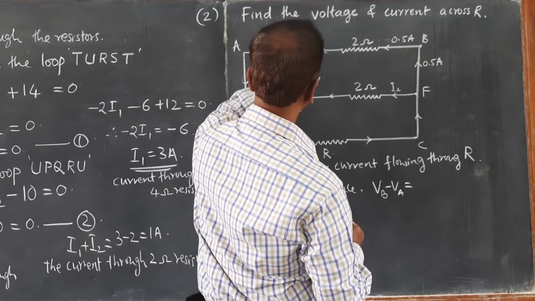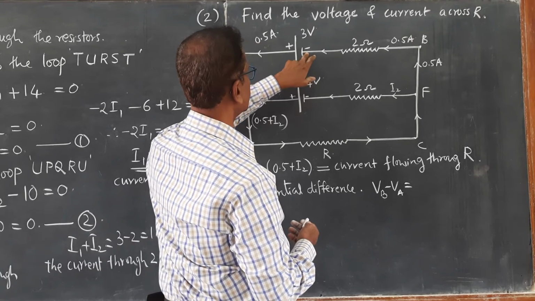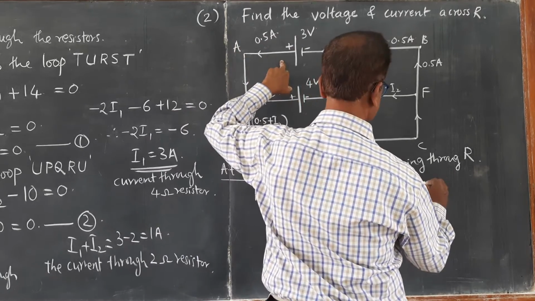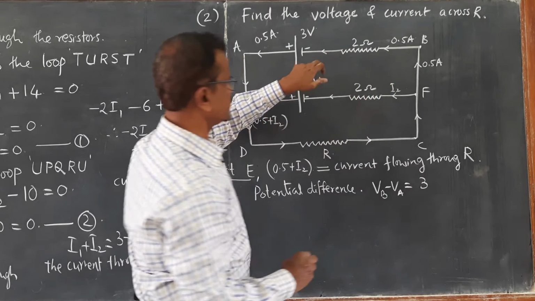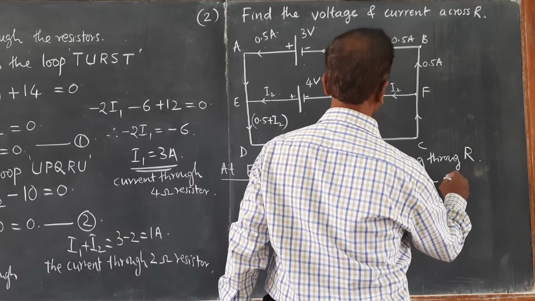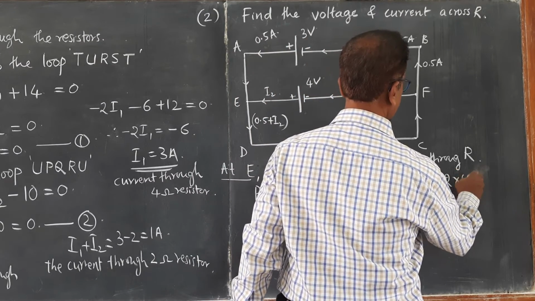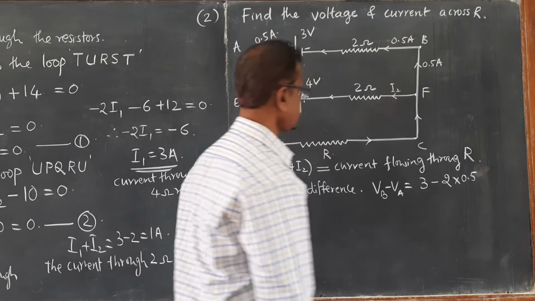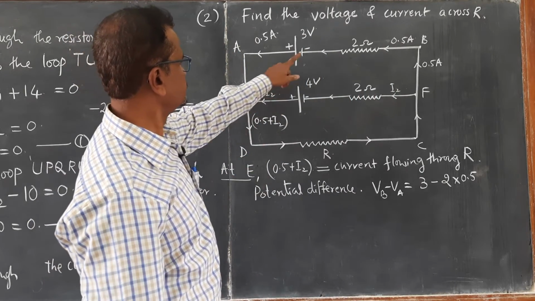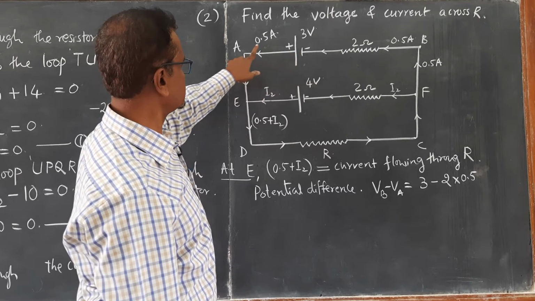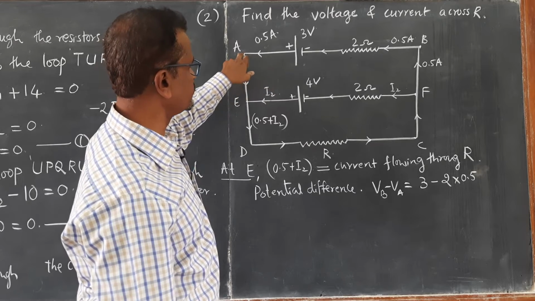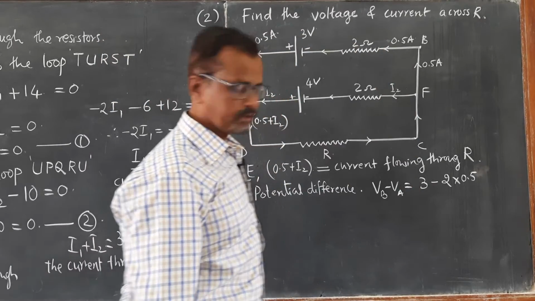The current is flowing from lower potential to higher potential. Therefore the potential difference here is the positive EMF, plus 3, minus 2 into 0.5. So A should be at higher potential and B at lower potential.